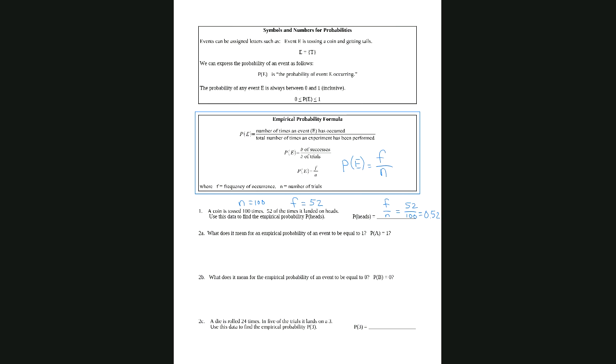So what does it mean for an empirical probability of an event to be equal to 1? So what that means is that since probabilities are calculated on past outcomes, an empirical probability of 1 means the event A always occurred in every trial that was conducted.